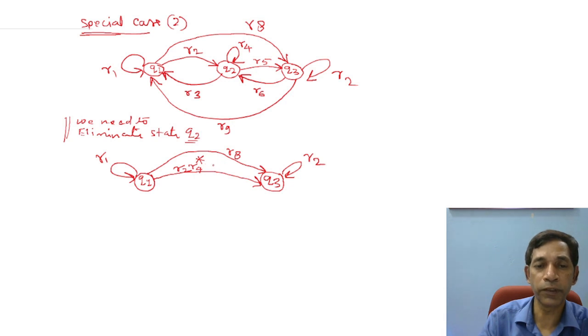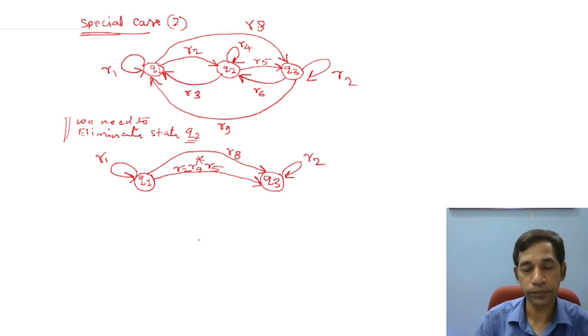So R5 you have to concatenate. So from the state Q1, the regular expression is R2, then state Q2, R4 Kleene star, then the outgoing edge goes from Q2 to Q3 for the regular expression R5. So you are at Q3.